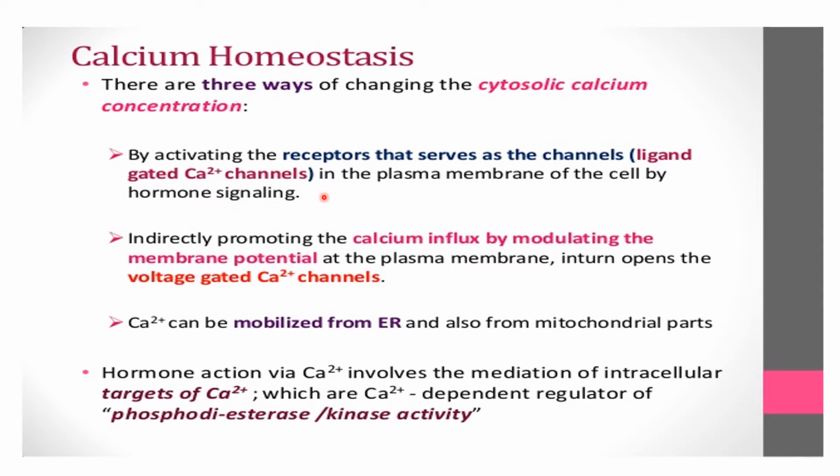It is one example of directly promoting calcium influx by modulating the membrane potential at the plasma membrane, which in turn opens the voltage gated calcium channels. The other mode to maintain calcium homeostasis is that voltage gated calcium channels are modulated by the membrane potential, by its action potential or its passive potential.